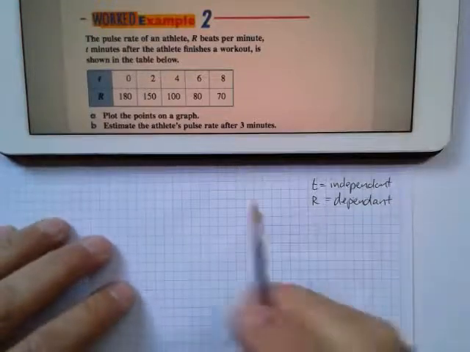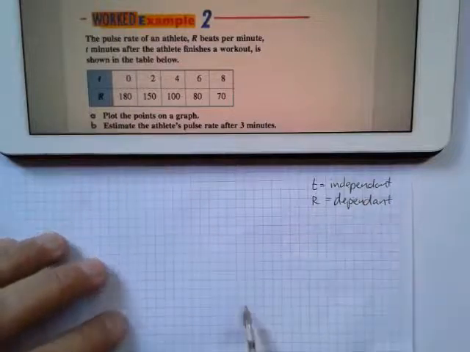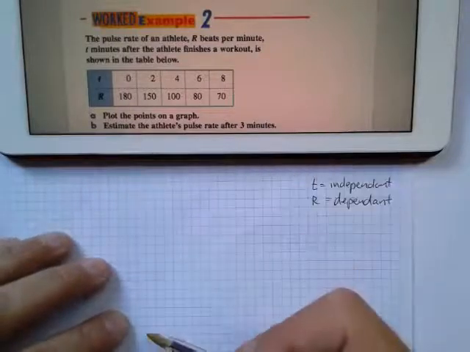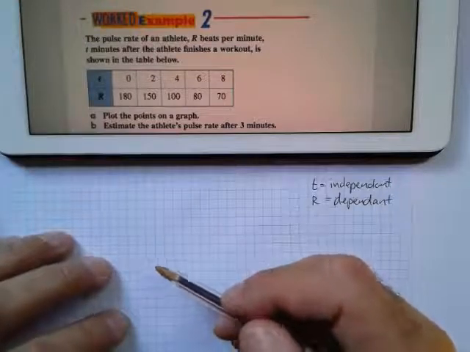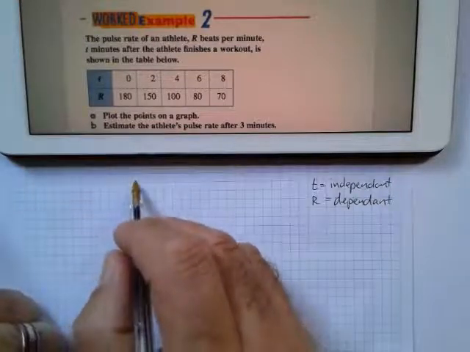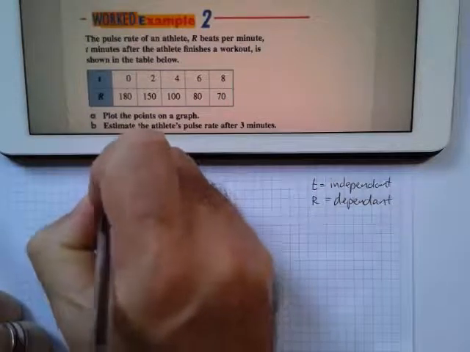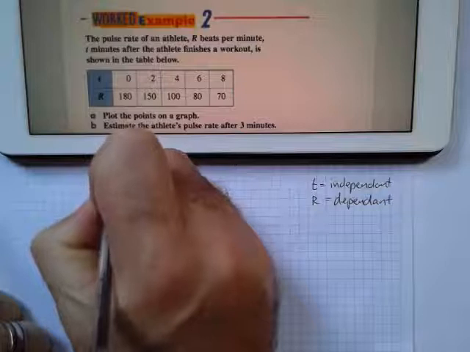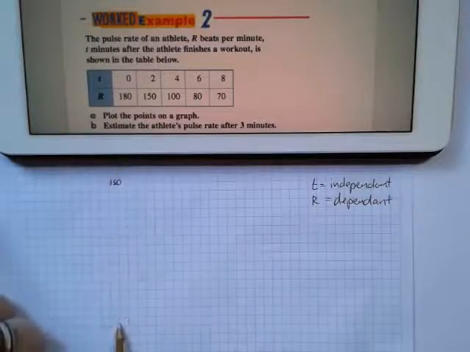What I'm going to do now is use R, so the independent will be at the bottom, dependent will be going up. Because I want this to fit in properly, I'm going to start at the top where I have space, and let's make this 180, and I have to go all the way down to 0.